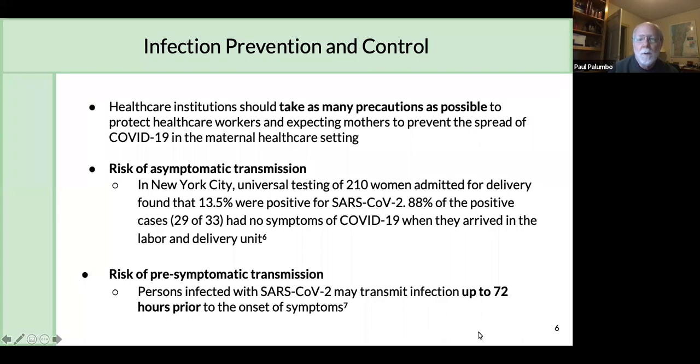And it's quite worrisome that most of these positive cases are in women who have no symptoms at all. So just screening pregnant women who have symptoms will miss a large majority of infected pregnant women, at least in areas where the prevalence of this virus is high, like it is in New York City.